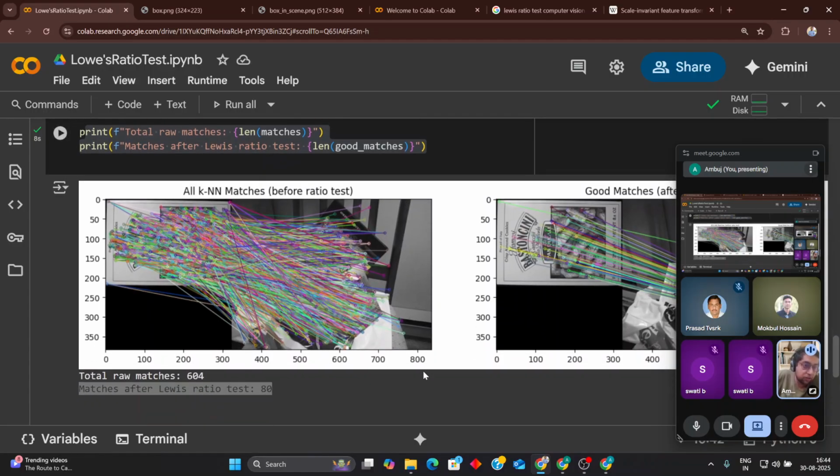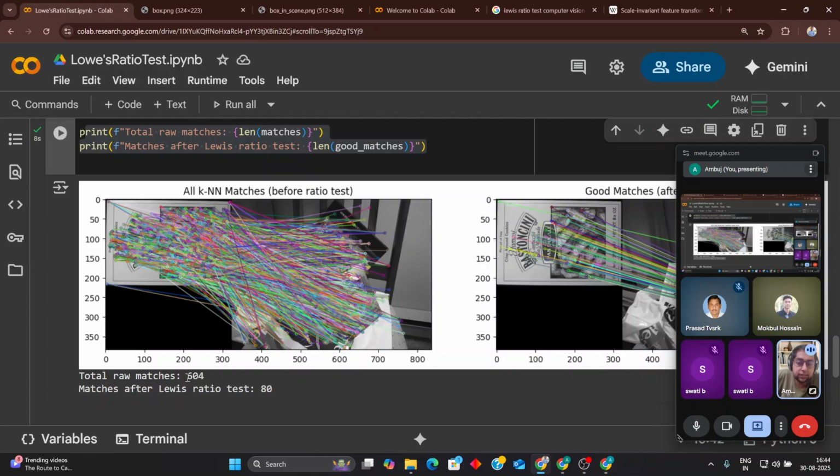Can it be an error, or is it accurate all the time? You are saying that out of these 604 features, these 80 features have been reduced, and out of these 80 there might be some error. Will the 80 be 100% accurate, or will there be some error also?